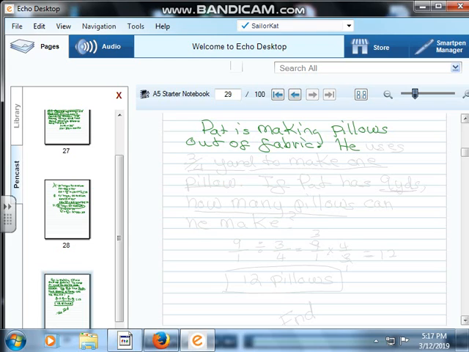Okay, he uses 3/4 of a yard to make one pillow. If Pat has 9 yards, how many pillows can he make?